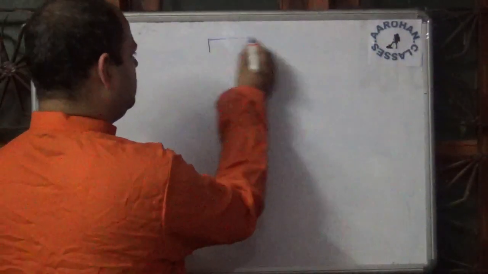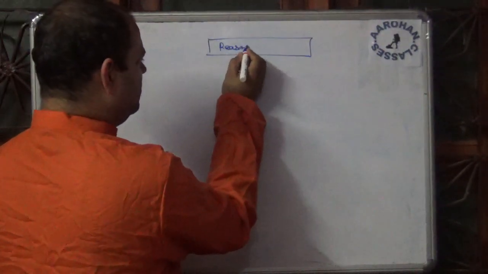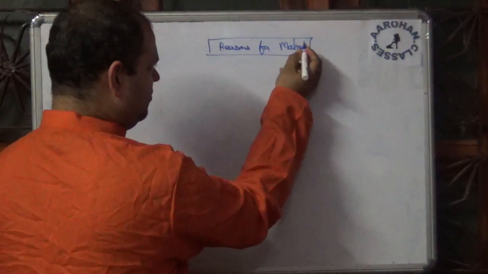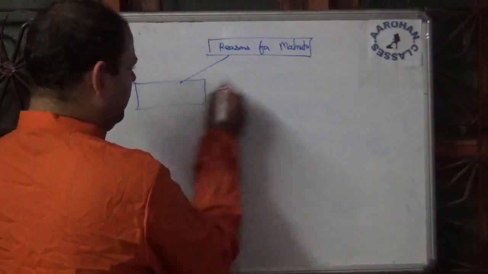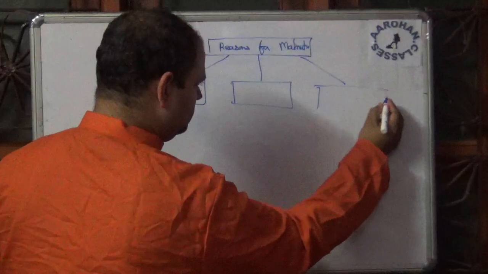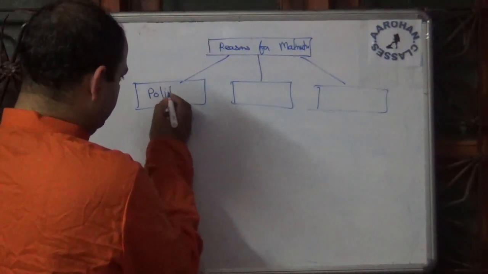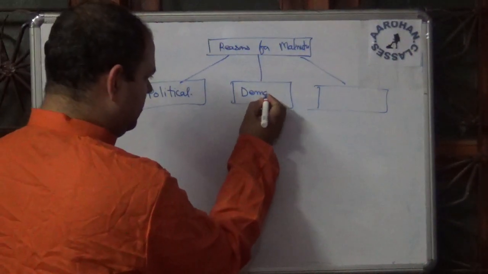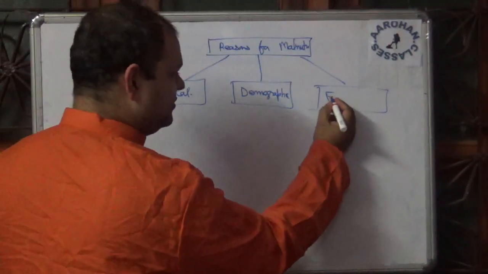So, reasons for malnutrition. We are going to divide it into 3 parts: political reasons, demographic reasons, and economic reasons.